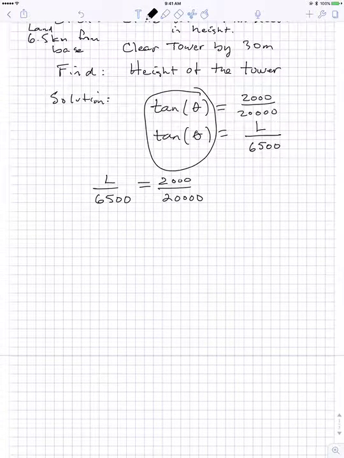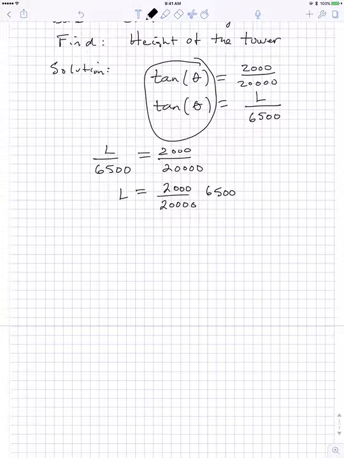Okay, so from there we can get L. Okay, so that would be 2,000 over 20,000 times 6,500. And if we wanted the height of the tower, we solve for L and we subtract the original 30 meters. Okay.